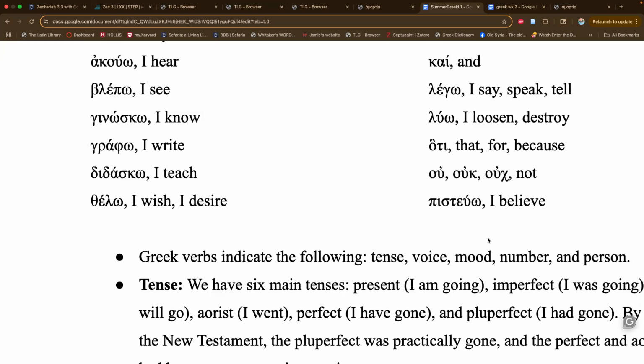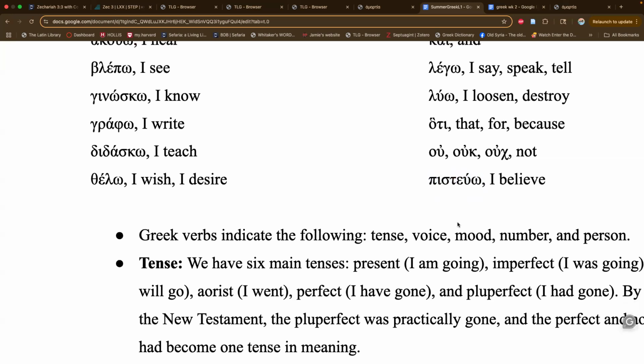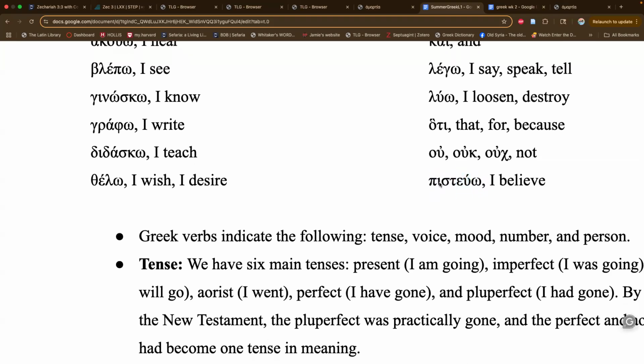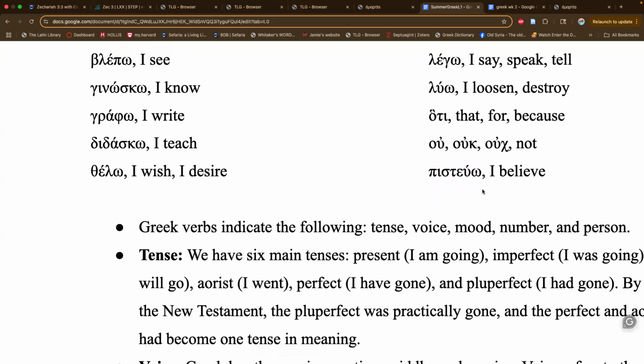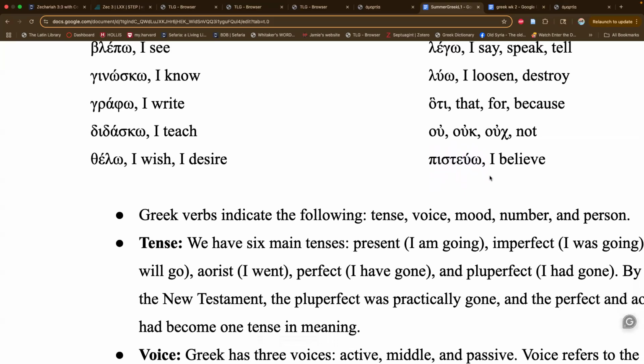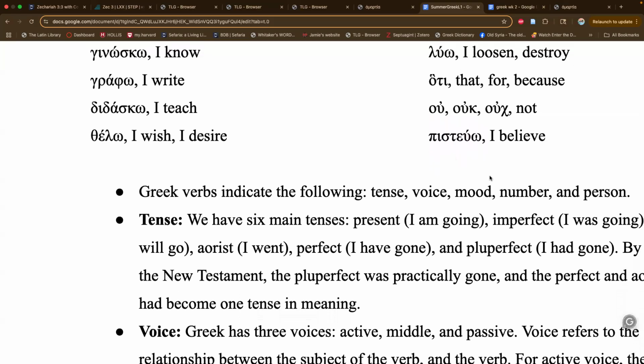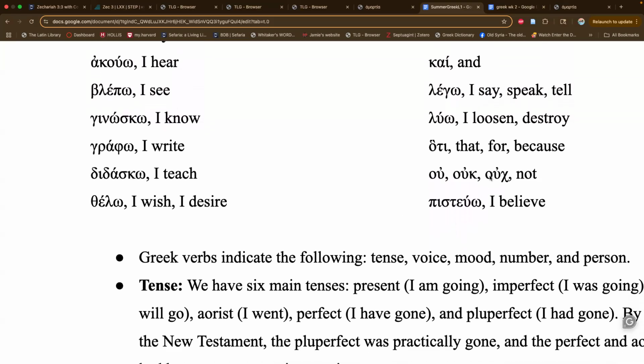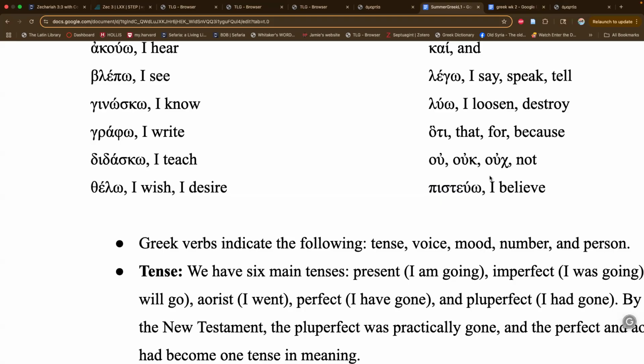And then the last one, this one is maybe a little bit more difficult to pronounce just because it has a diphthong followed by another vowel, but it's pisteuo. We have that diphthong that doesn't really sound like a diphthong. So pisteuo. There, I separated the diphthong, but pisteuo, and this is to believe, like epistemology. I take that back, that comes from a different root.